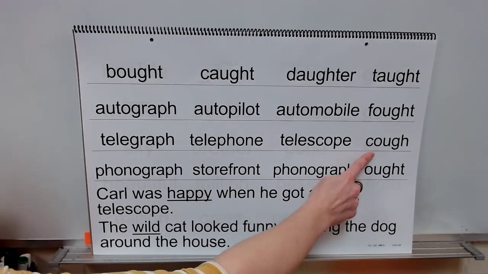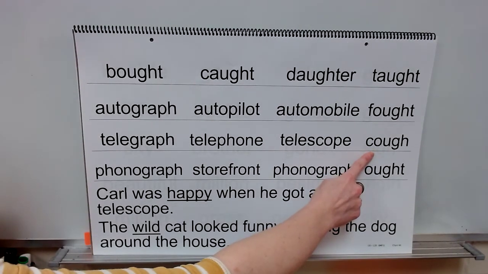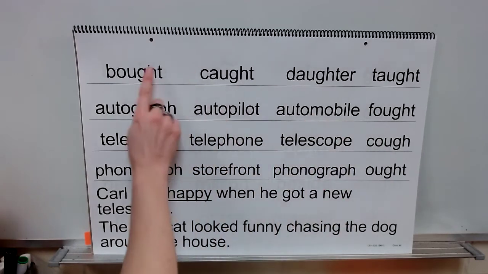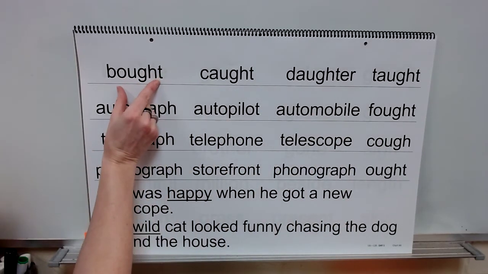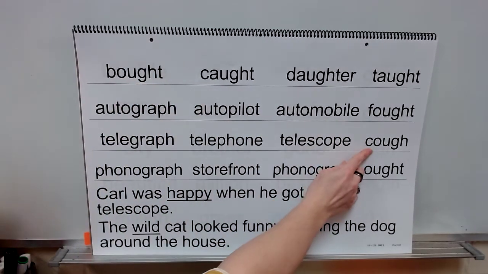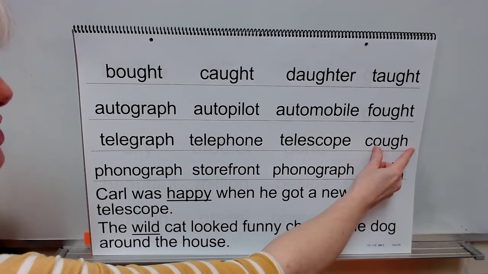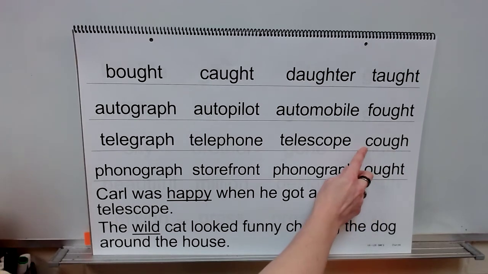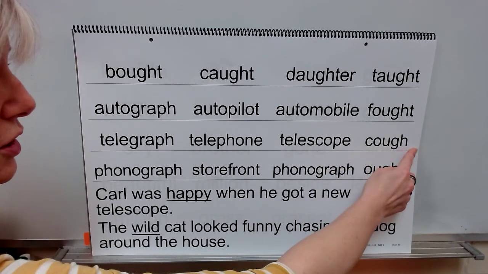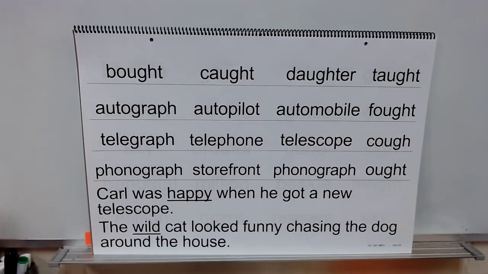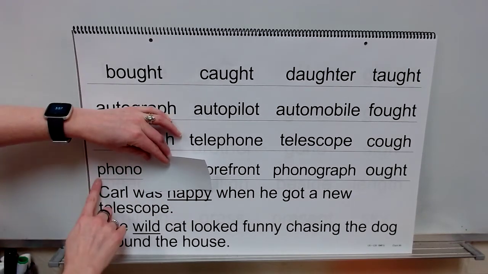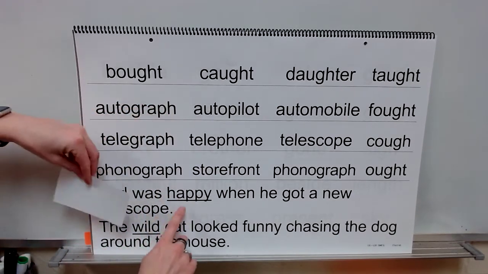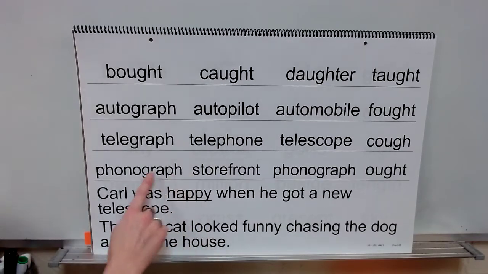Now, this word is an exception because we have been talking about O-U-G-H being ah, but in this example, O-U-G-H is making two sounds, ah. This word is cough. Root, phono, root, graph.